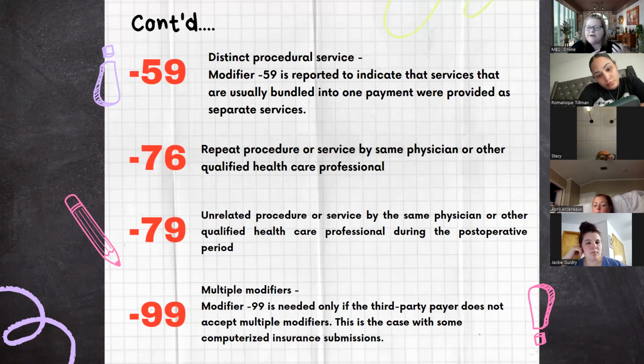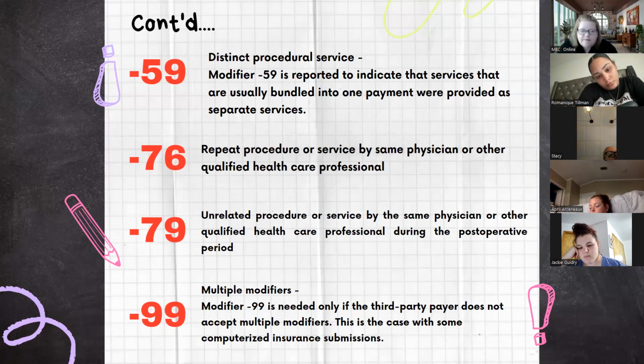Instead of doing them all at one time, in some instances, they would be bundled. They would use one code for doing all of my body or whatever. If they had to do some in separate intervals or something like that, they may use a modifier 59 to indicate that this was a separate procedure than what else was done.